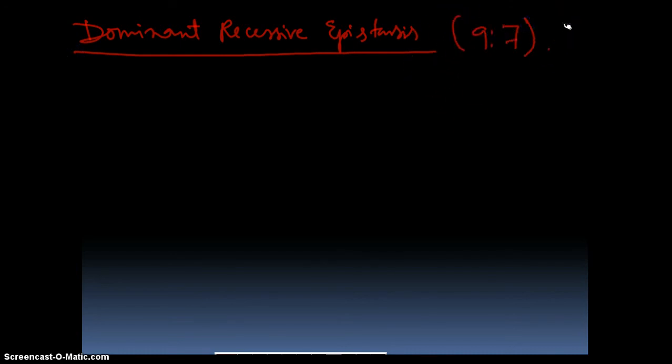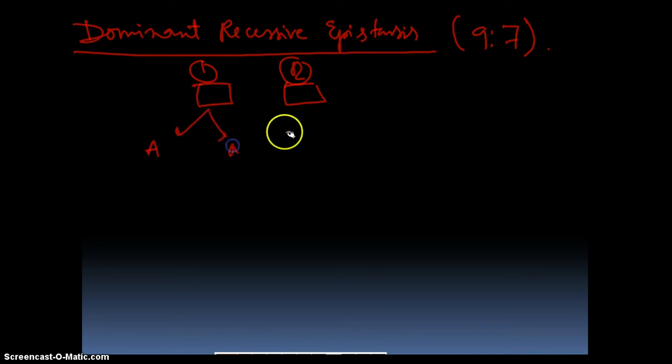How do we get this kind of ratio? Here also more than one gene is interacting. Suppose this is gene 1 and this is gene 2, and each has two alternative forms. One dominant allele from both interacting genes is necessary. That means capital A and capital B are necessary for the dominant phenotype, which is 9, to take place.